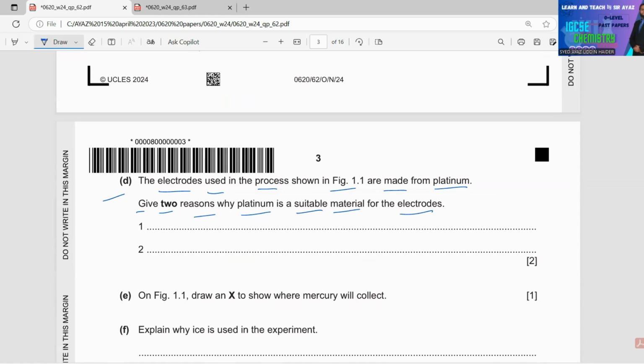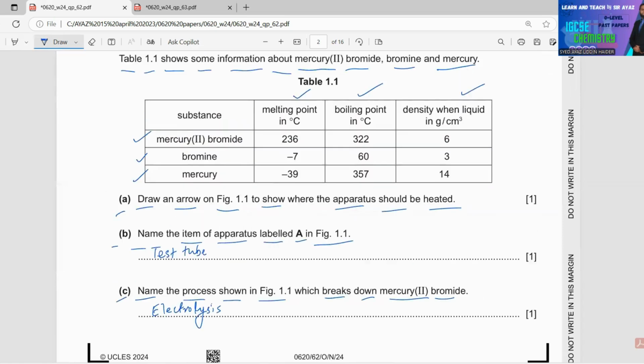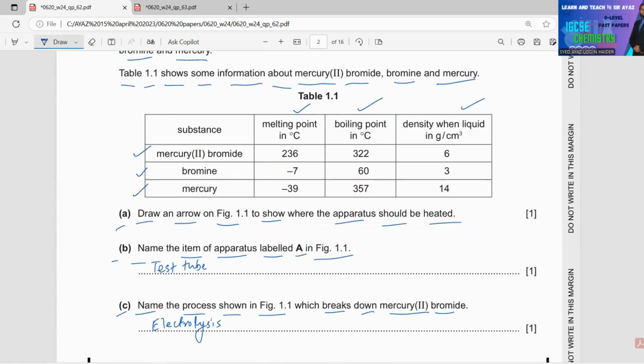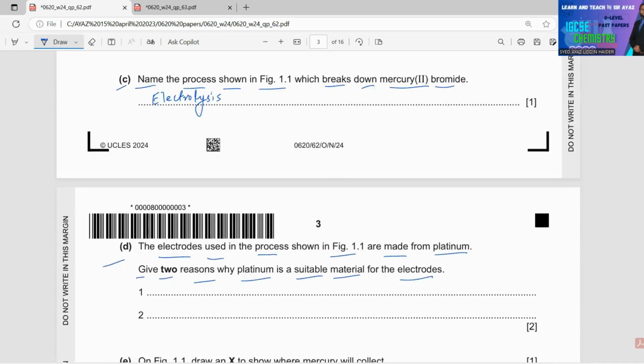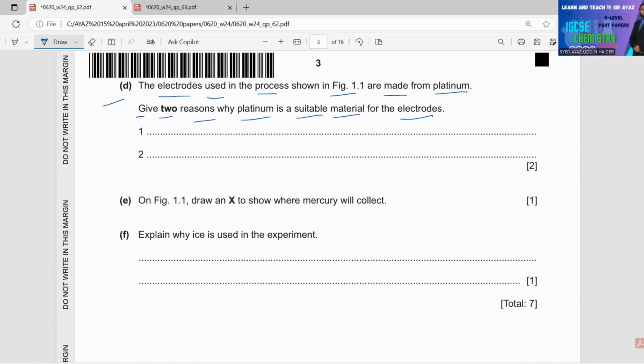They didn't mention the melting point of platinum, but they have mentioned the melting points of mercury(II) bromide, bromine, and mercury. So it should be higher than the melting and boiling point of both mercury(II) bromide as well as mercury. So you can write any two from these.